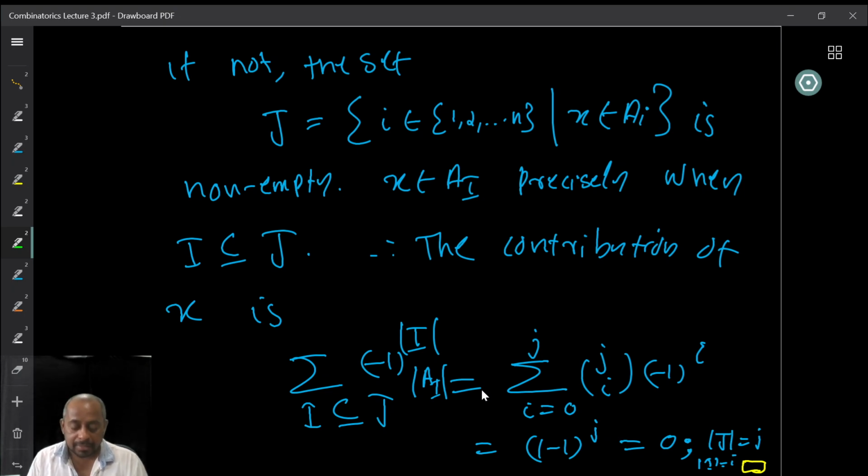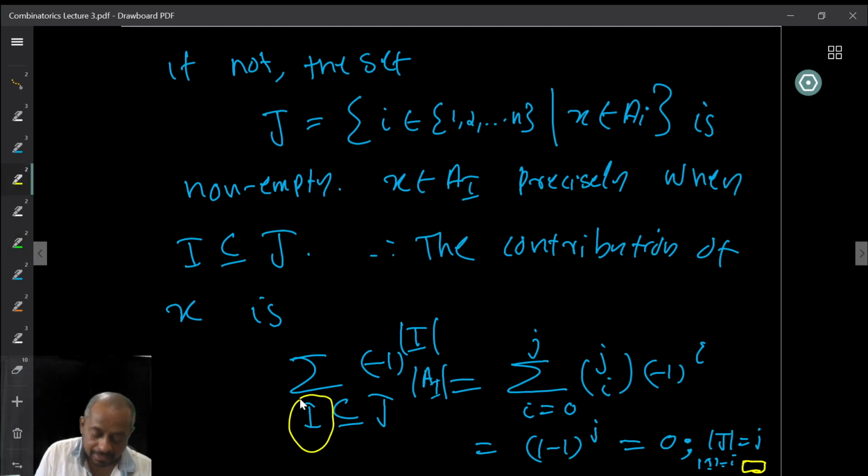Now, how many such terms are there? We are looking at all possible subsets of J, but in particular, subsets of J with a fixed cardinality. So instead of looking at every subset, I collect all the subsets I which have cardinality exactly, let's say, small i.